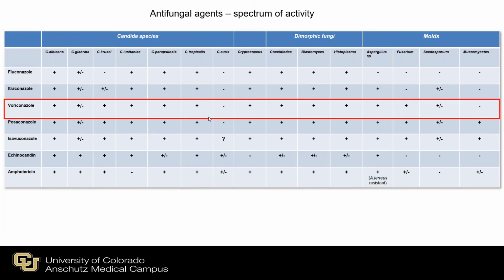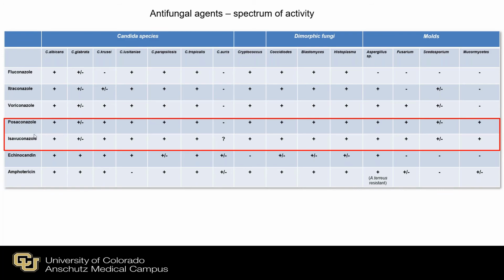It is available in intravenous and oral forms. It is not very well tolerated because it can cause skin cancers, visual disturbances, and periostitis. The main problem with voriconazole, even though it has good Aspergillus and Fusarium coverage, is that it has no coverage against mucormycetes. So breakthrough infections can happen if somebody is just on voriconazole.